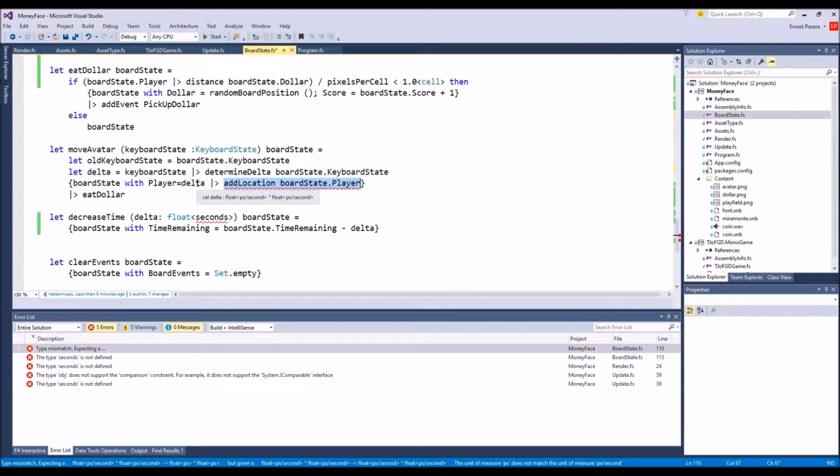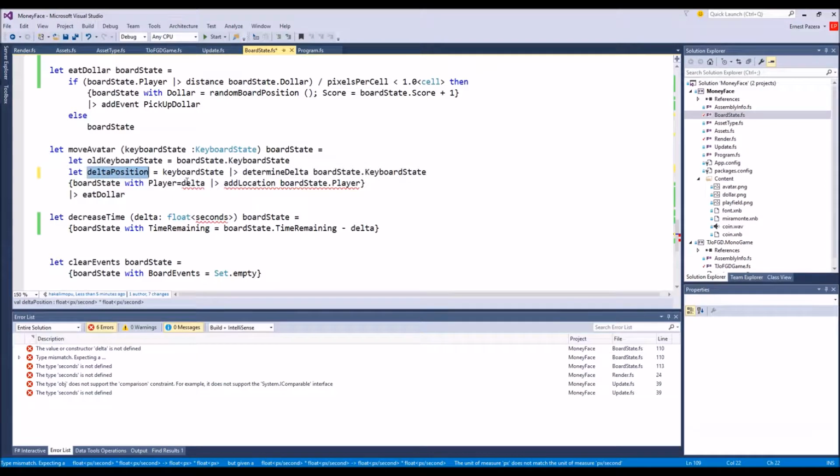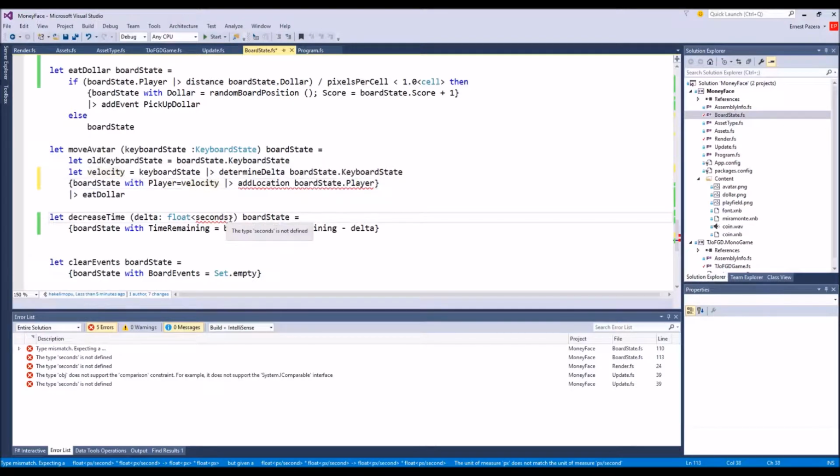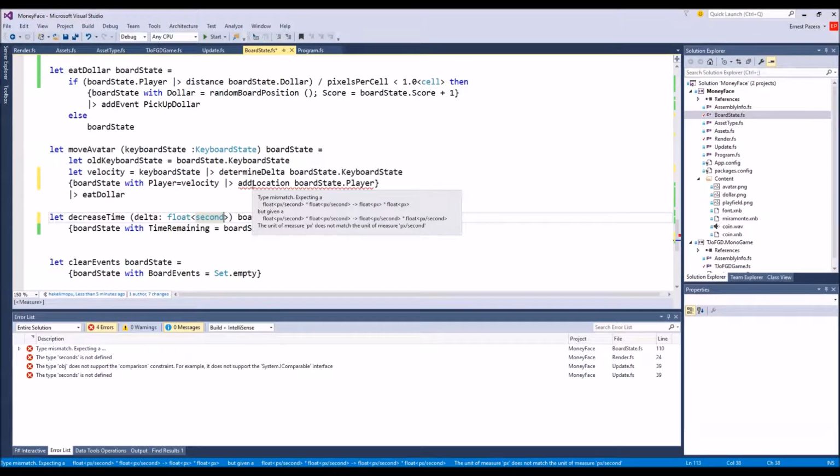And change, it's going to be delta position. How about we call it what it is? It is called velocity. Why don't we work in actual units? Velocity is in pixels per second, and I need a number of seconds.